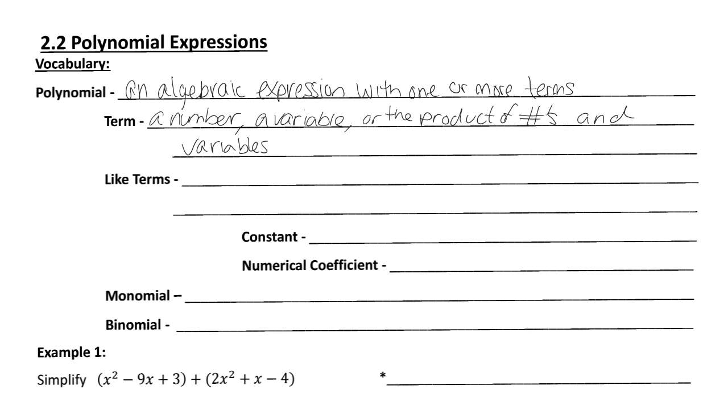So example of a term would be something like 9 or x cubed, or both 9x cubed. So those are each terms separately.